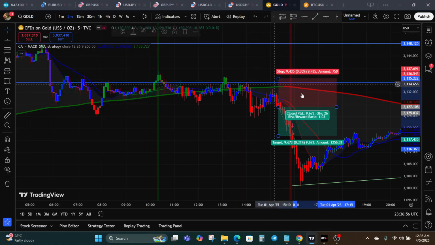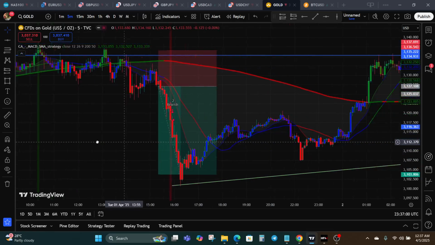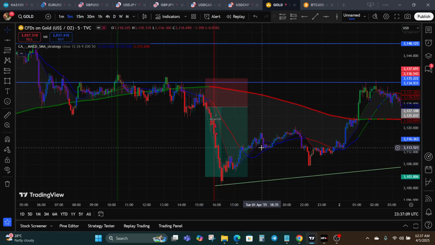Stop loss above the SMA. Take profits around key support zones, or you can just wait for when these smaller lines change color to blue. If it changes from red to blue, then it could be a sign to exit your sell trade.